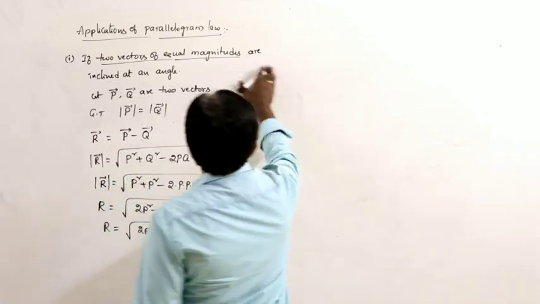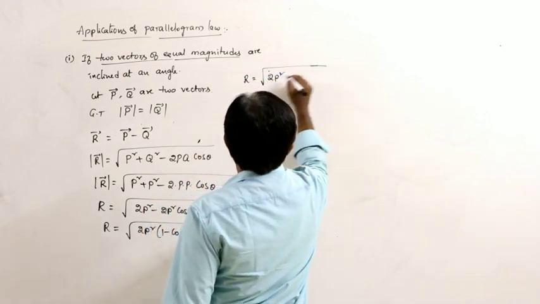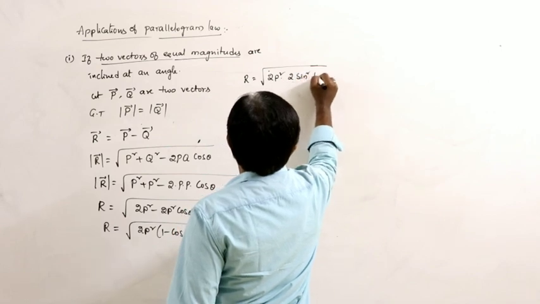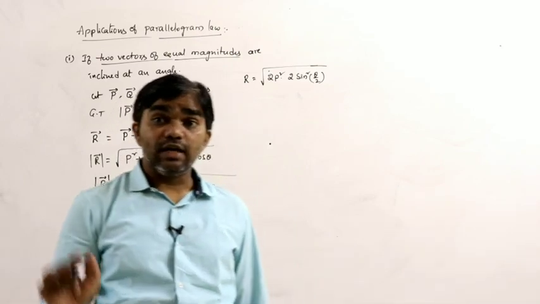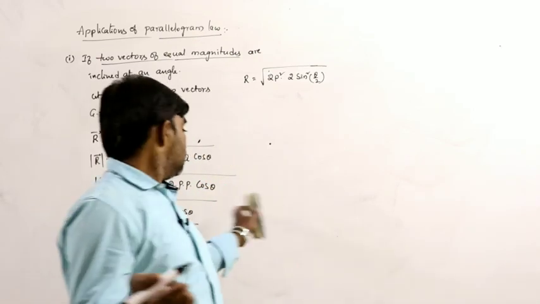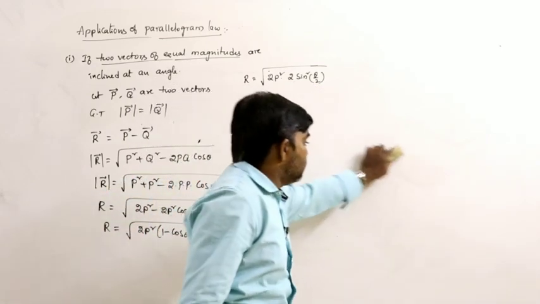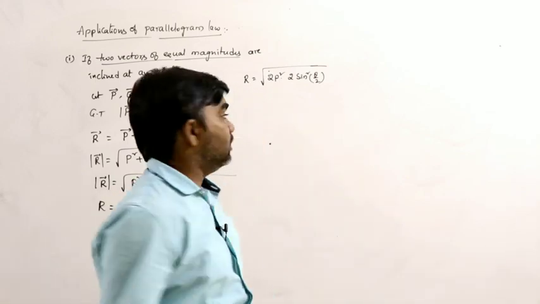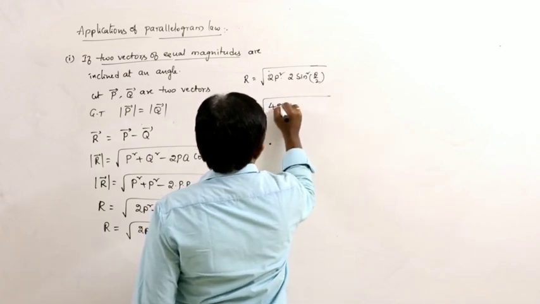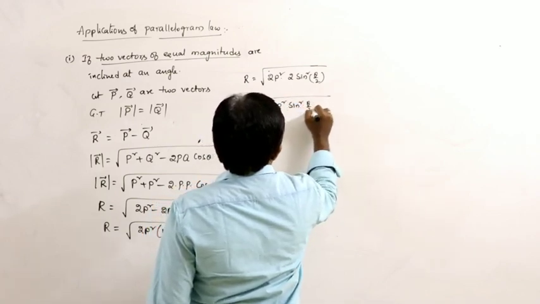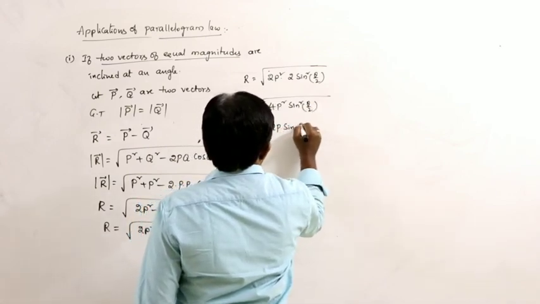According to the trigonometry formula, 1 plus cos theta can be written as 2 cos square theta by 2, and 1 minus cos theta can be written as 2 sin square theta by 2. So r is equal to the square root of 4p square sin square theta by 2. Therefore r is equal to 2p sin theta by 2.